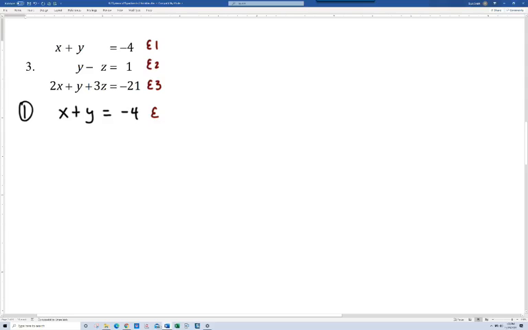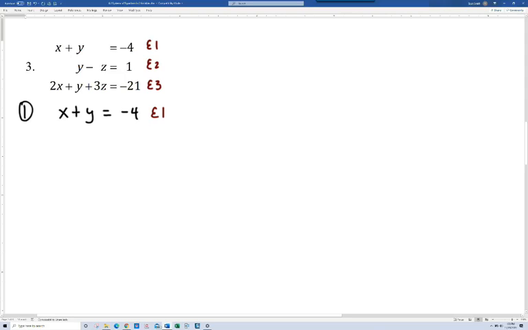So our first equation is equation 1, x plus y equals -4. And my goal is to get another equation in x and y. So we're going to use equation 2 and equation 3. But notice I need a 3 here, and so I need to multiply equation 2 by 3.